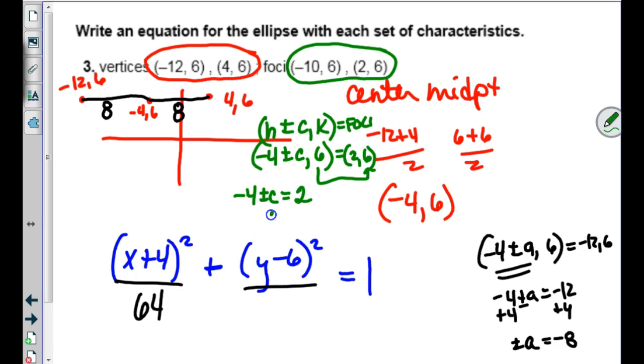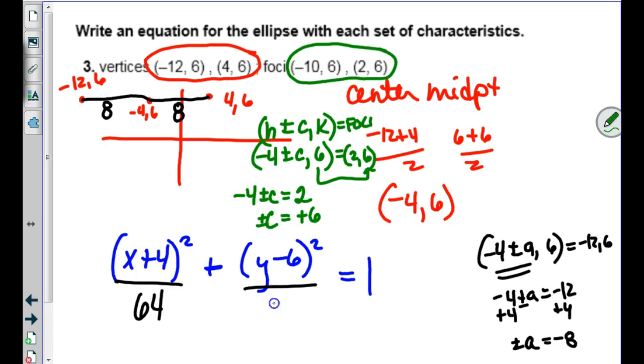Subtract and you get C equals negative 6, but C is really a distance, so yes, you get a positive 6. Thank you. Add 4, you get C is 6. Okay, if C is 6, can we now find B?